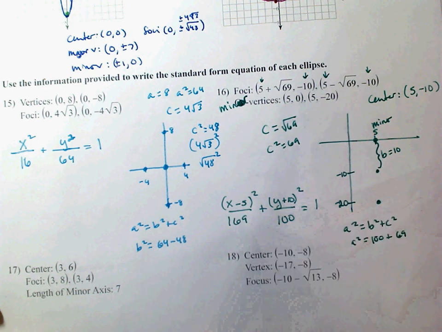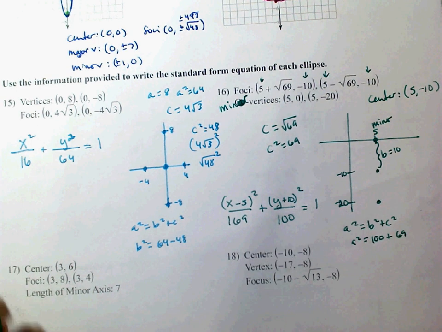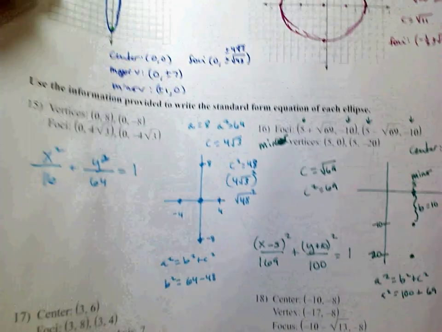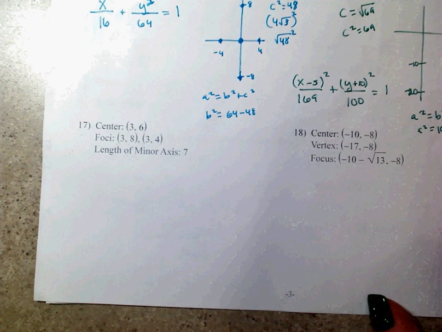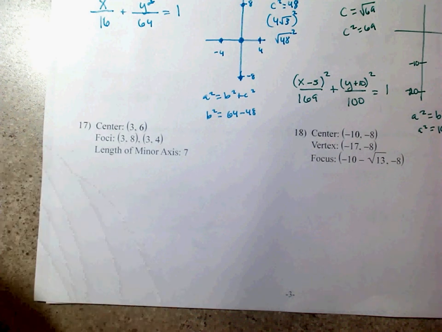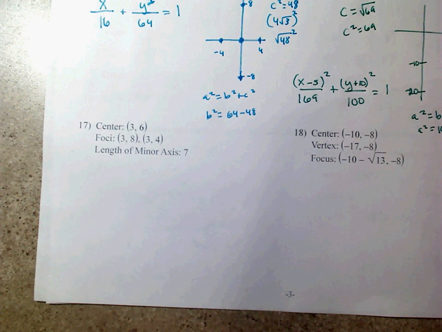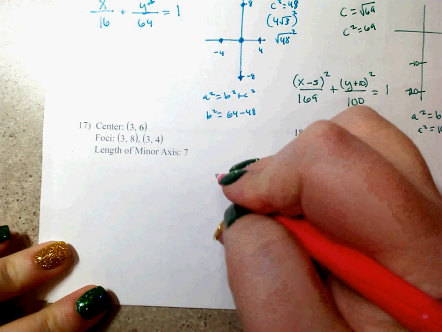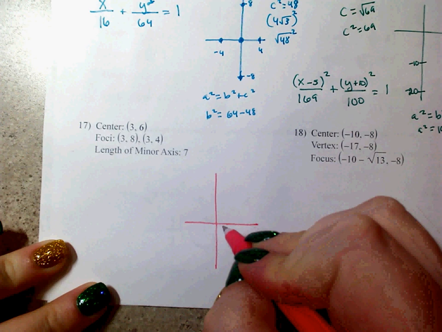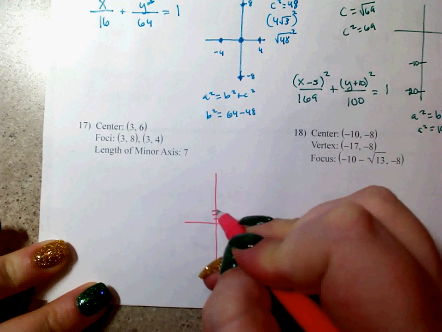All right, number 17. My center is at 3, 6. So if I go to the right 3 and up 6, 1, 2, 3, 4, 5, 6, I get to my center.